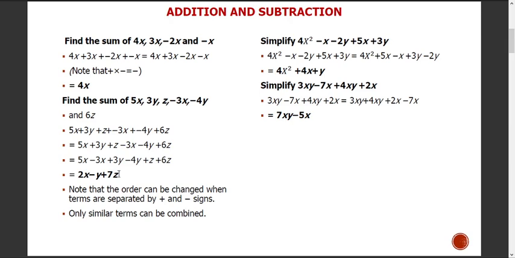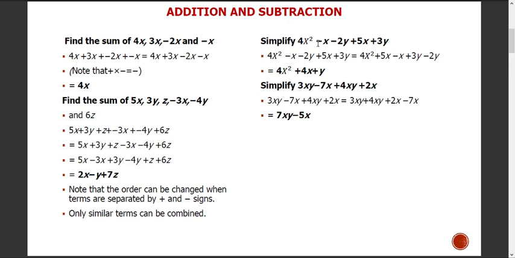The other scenario is if we have a power on one of the unknowns. So this is 4x squared minus 4x minus 2y plus 5x plus 3y. However much we have a 4x squared and maybe a negative x, these two terms are not similar. So an x with a power cannot be added or subtracted from an x with a power 1 or just a mere x.